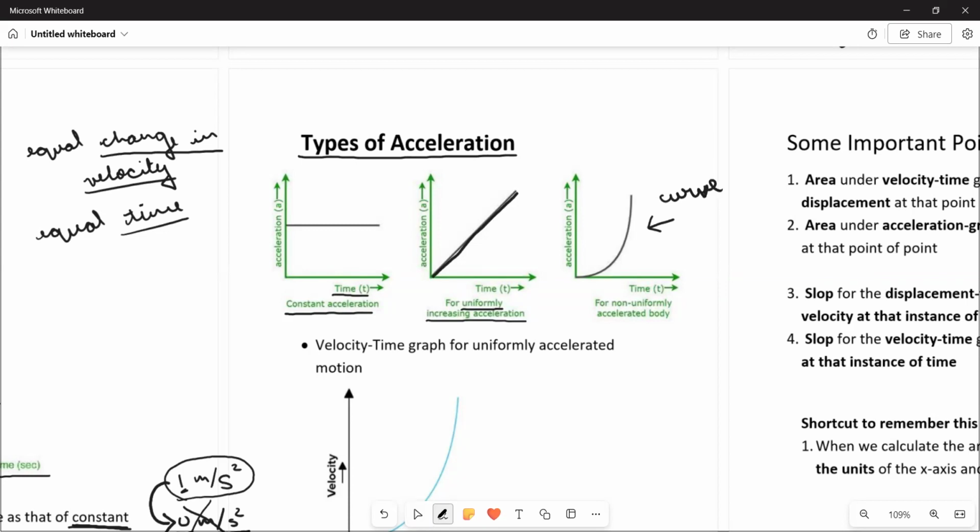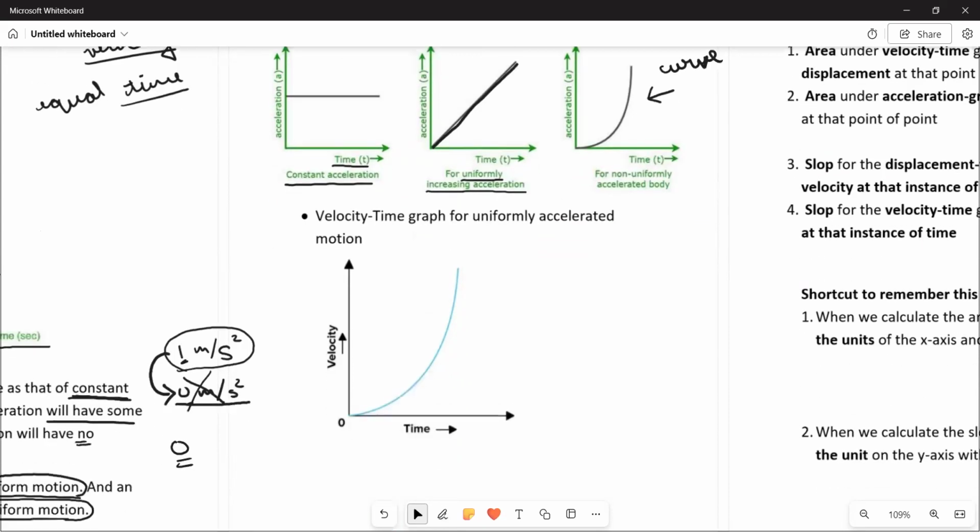We will get a curve for non-uniformly accelerated motion. Okay. So for velocity time graph for a uniformly accelerated motion. So as the acceleration is going on increasing, the change in velocity will also be very fast.